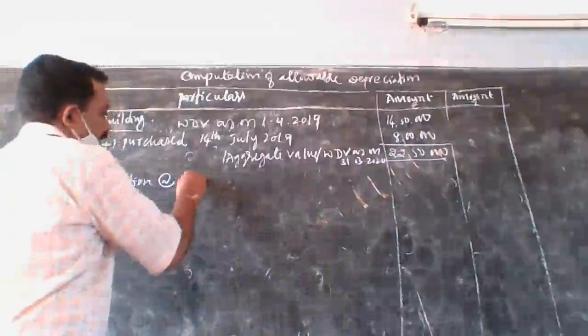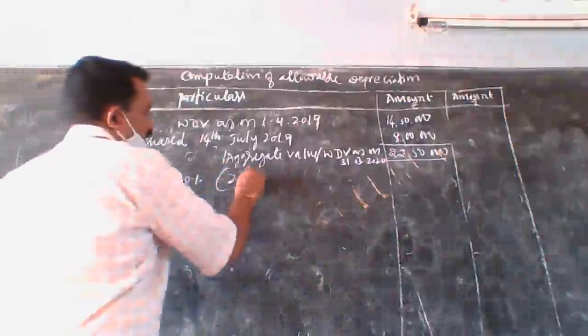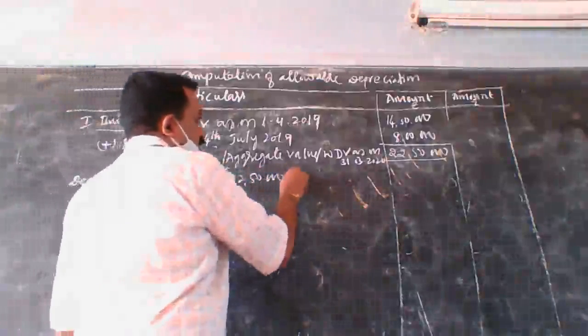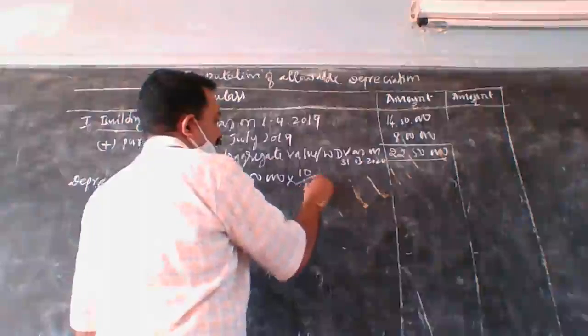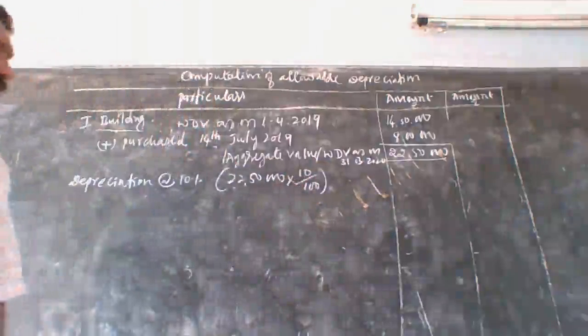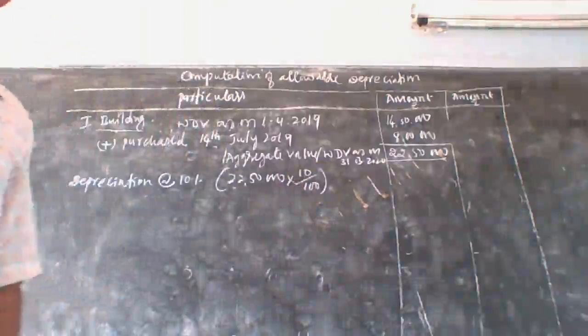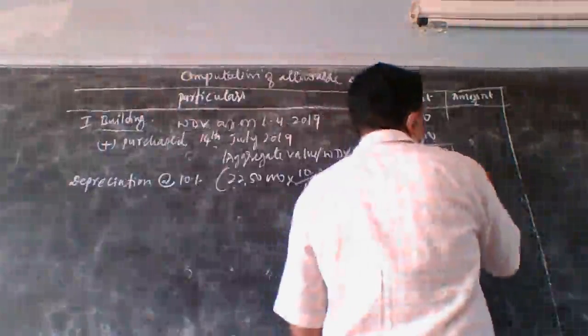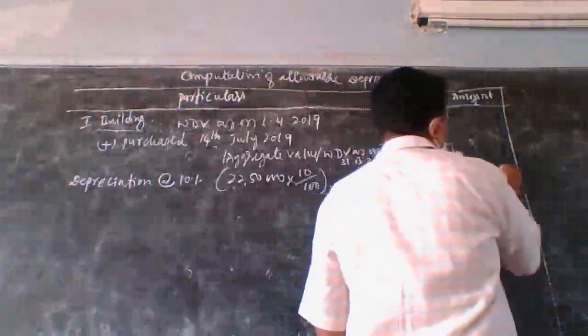At 10%, 22 lakh 50,000 multiplied by 10 by 100. How much? 2 lakh 25,000.